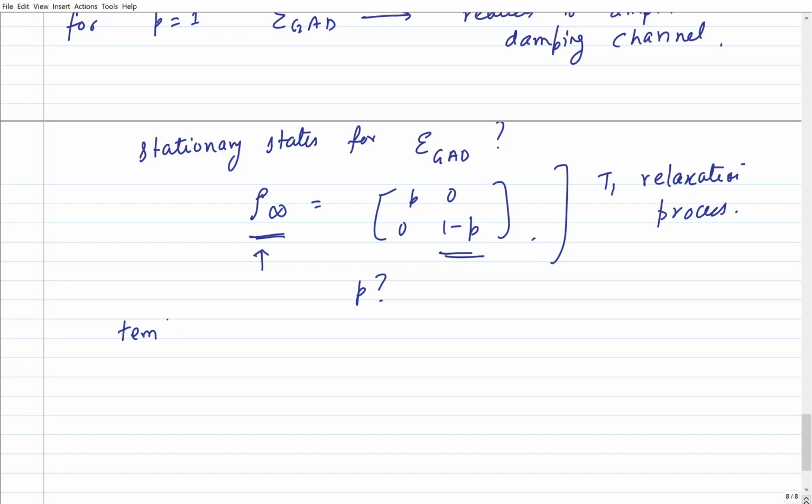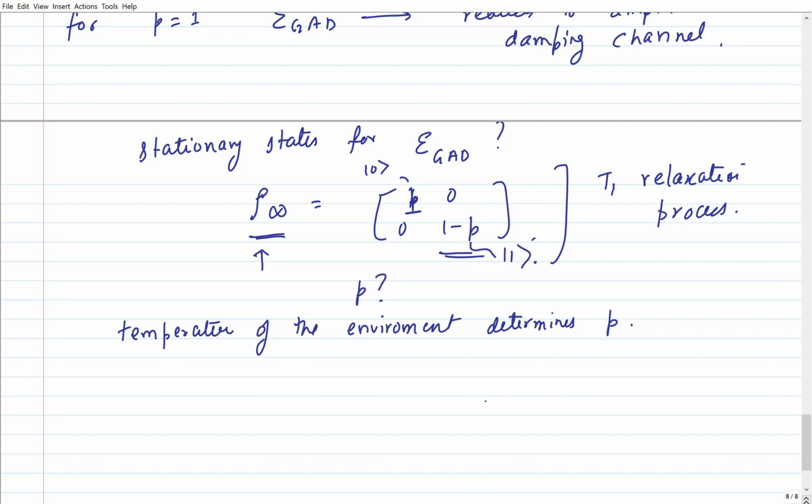So the temperature of the environment determines the value of P. That's also going to tell me how much proportion there is in state 0 and what the population is in state 1.